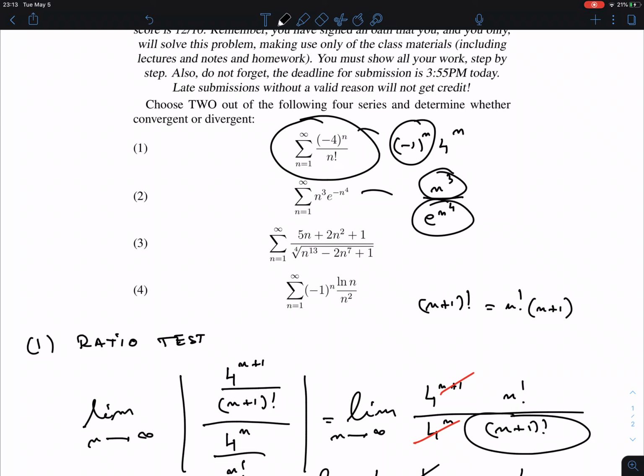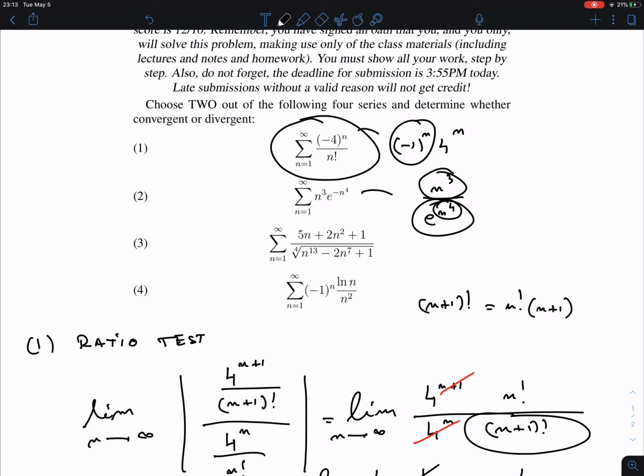You might be tempted to do the ratio test, and in this case it would be a very difficult test a little bit because of this n to the 4th here. Remember, in the ratio test, n has to be replaced by n plus 1. And so this is going to be a rather complicated expression. It is possible, and some of you might have done this, but there's a better test here.